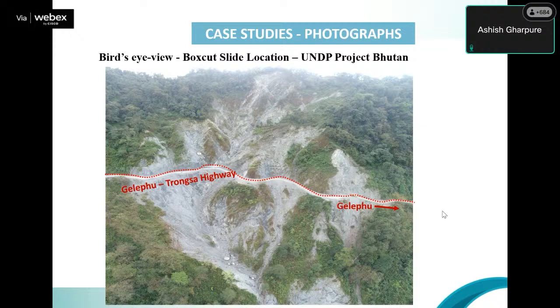Here I would also like to point out one important aspect for those working in hills. There is always a tendency, the moment a slide happens, we turn the road towards the hill and take a detour like that. As the hill cut is going deeper and deeper, we keep on turning the road towards the hill, hoping that a stable or rocky strata would come.